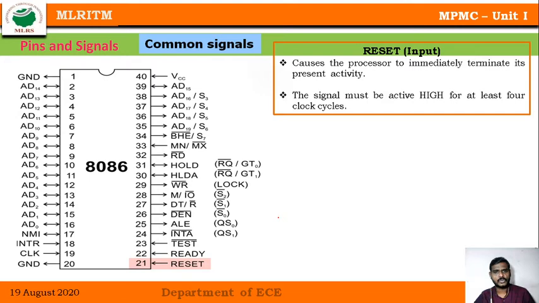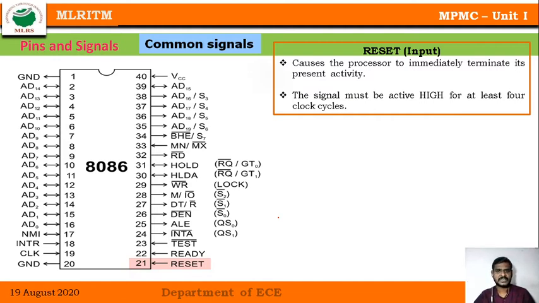So whenever I want to send a high input to pin number 21, it indicates that I want to reset my 8086. Whenever I'm resetting, whatever present task is being carried out by the 8086 will be terminated, and all the internal registers, segment registers, instruction pointer and program counters are reset to their respective original positions.